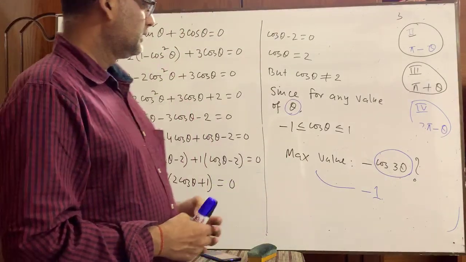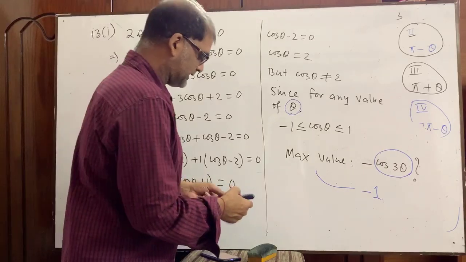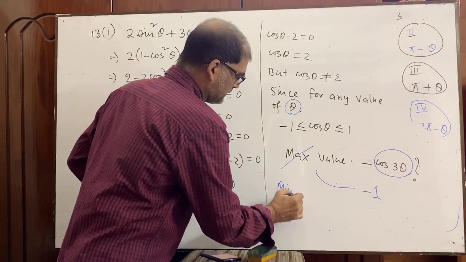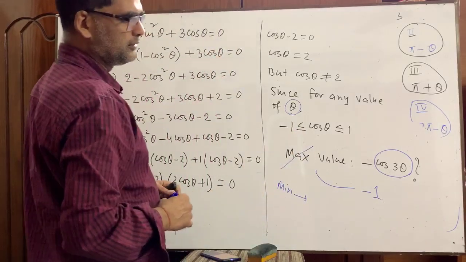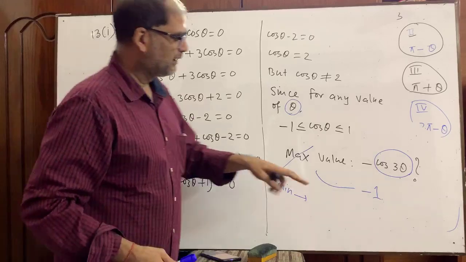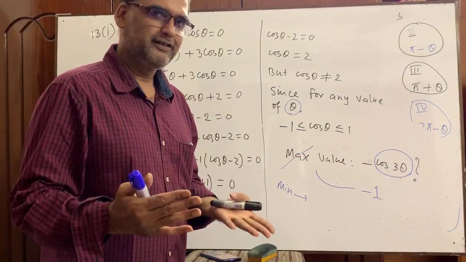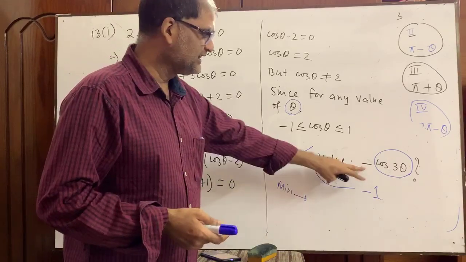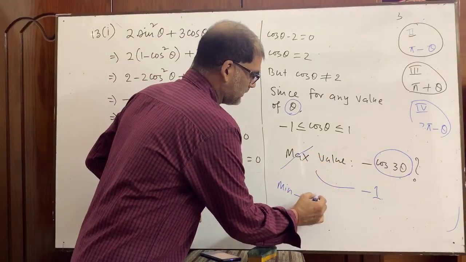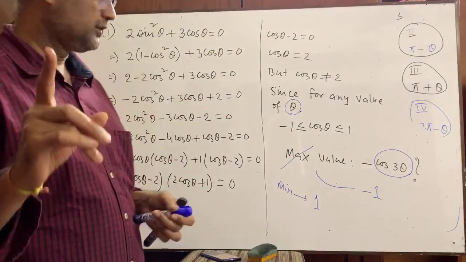If I would write here minimum value, the minimum value of cos 3 theta is what? Minus 1. That minus and this minus together make plus 1. Answer is 1. You understand?